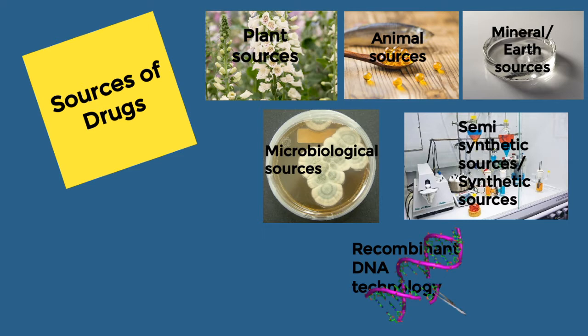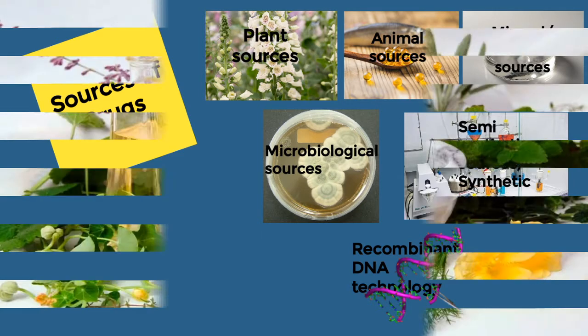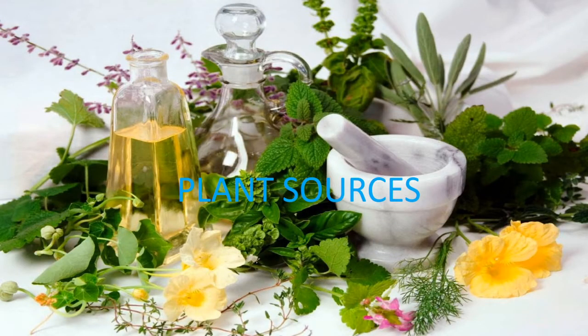So let us see one by one. First being the plant sources, we know that our Mother Earth, being carpeted with beautiful flora, has been the source for a number of valuable drugs, mainly because of its secondary metabolites.